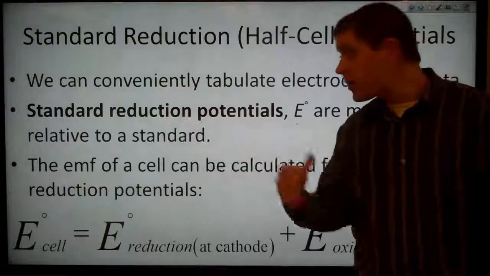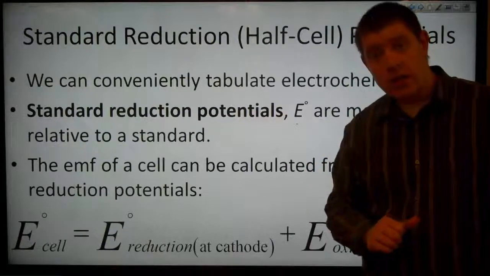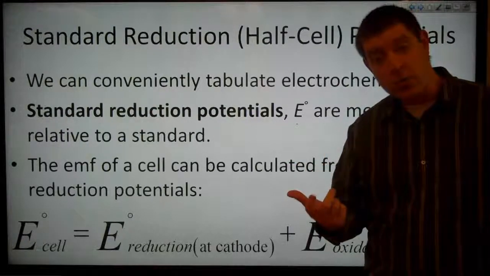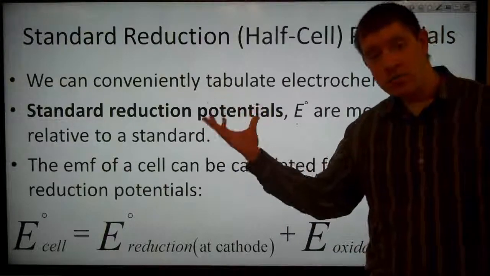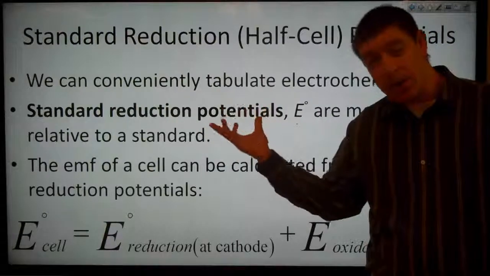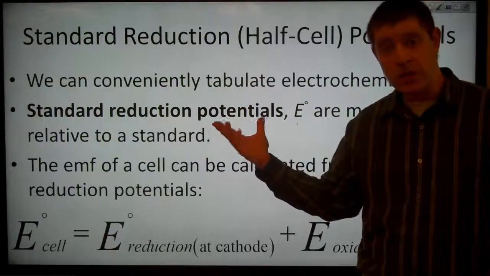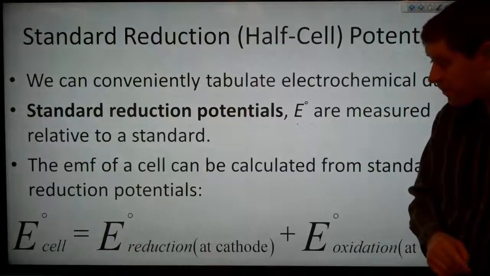If we just use the reduction potentials and then we just flip the sign on those potentials that we want to be oxidation, then our table doesn't have to be as large. Our tables are already generally a few pages long anyways, so doubling the length of them just really isn't necessary.